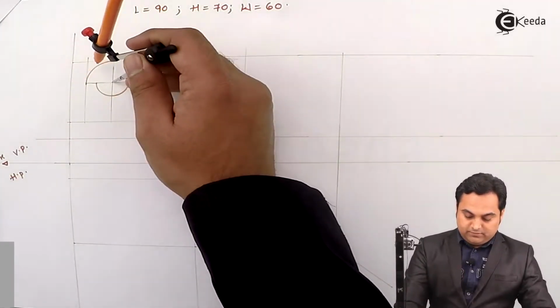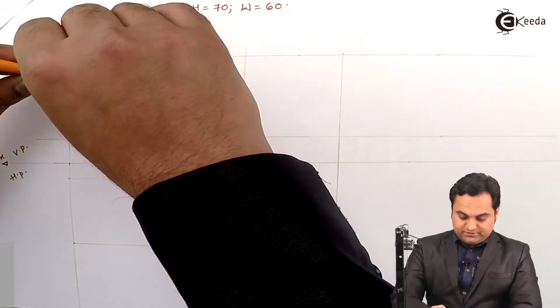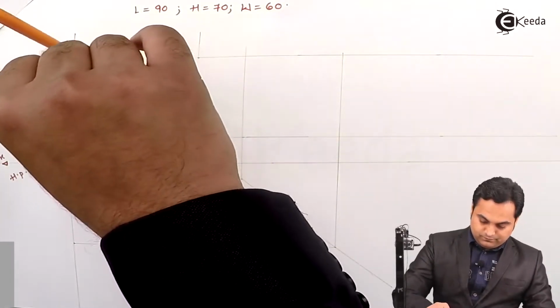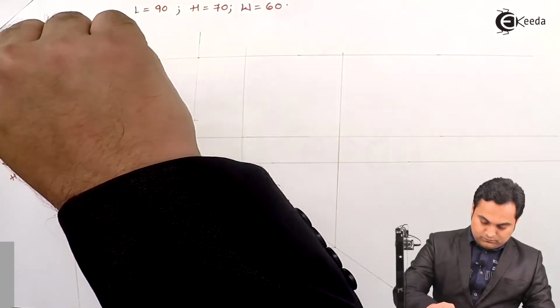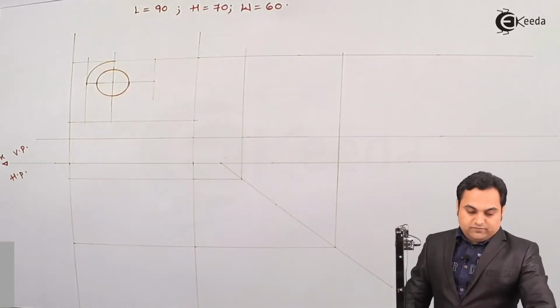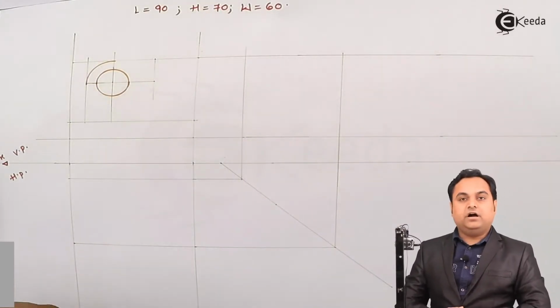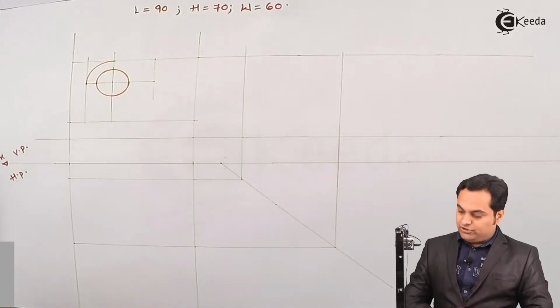So I'll draw it complete, having the same radius. Next, after reaching up till this stage, I'll start making it dark so that we don't have any confusion here.